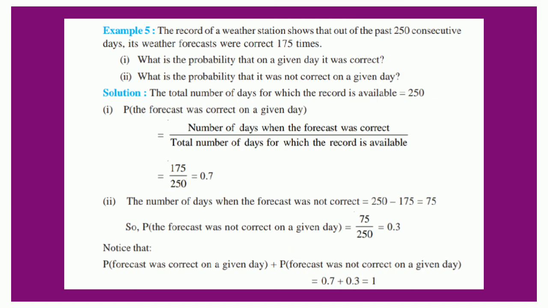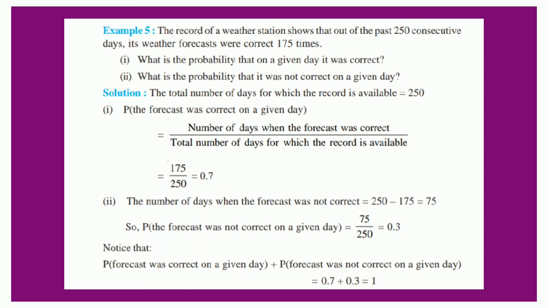So what are the given measurements? Here we have 250 consecutive days, and 175 times it is correct, and the balance it is not correct. So we need to find the probability in each case. The first event is that the forecast is correct and the second event is that it is not correct.